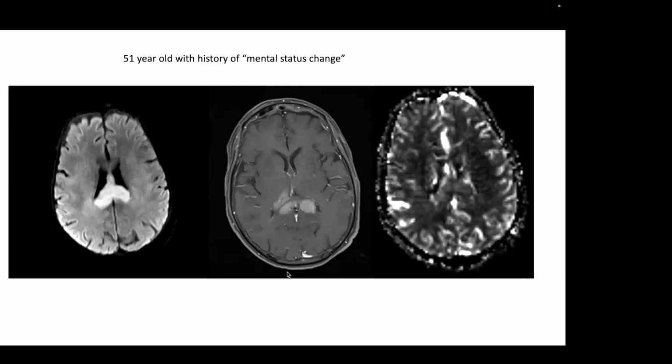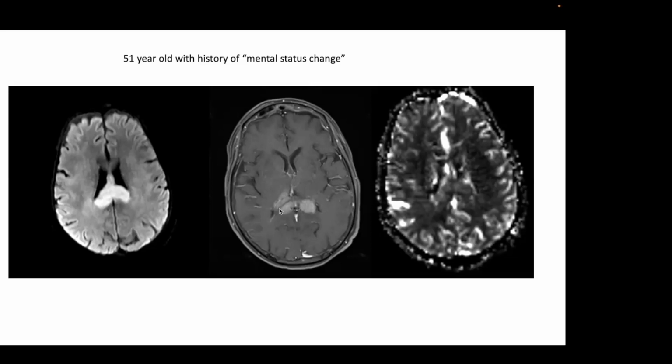Anybody want to offer a diagnosis here? Maybe glioblastoma, lymphoma maybe. GBM. Okay, exactly. In this case, we want to think that the enhancement is fairly homogeneous, which is not typical for demyelinating disease.